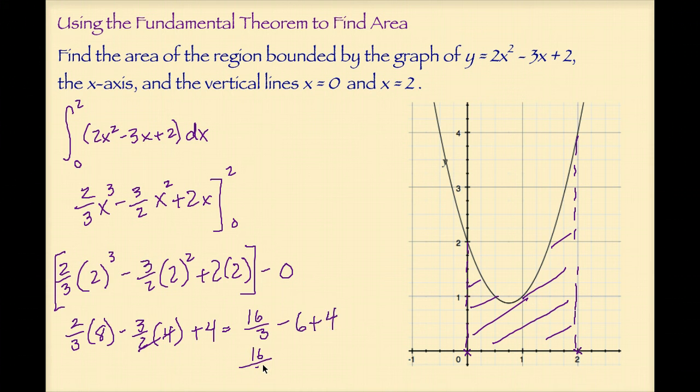So 16/3 minus 2. And if I change this to 6/3, 16/3 minus 6/3 becomes 10/3. The value of this definite integral, but also the area under this curve from 0 to 2.